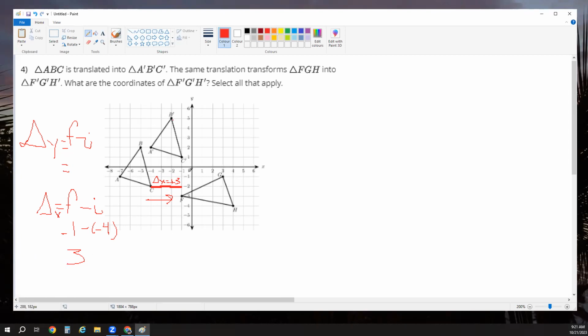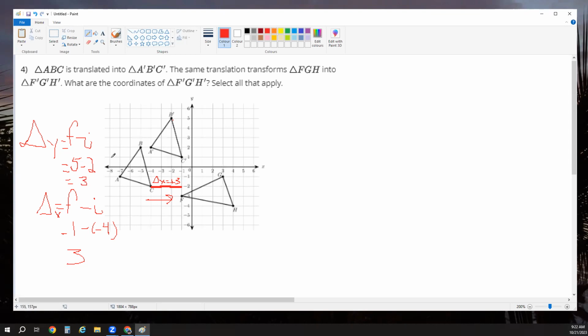We'll use B because it doesn't matter. It's just a delta, right? So my final is 5, and my initial is 2. So my change in Y is 3.